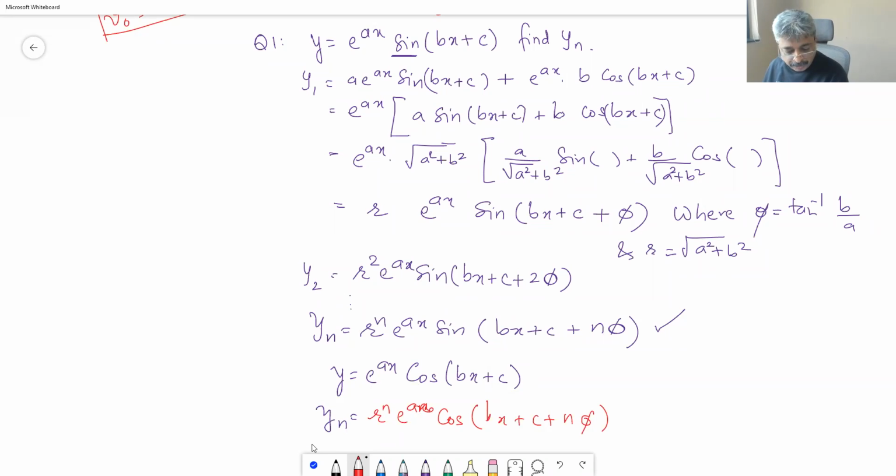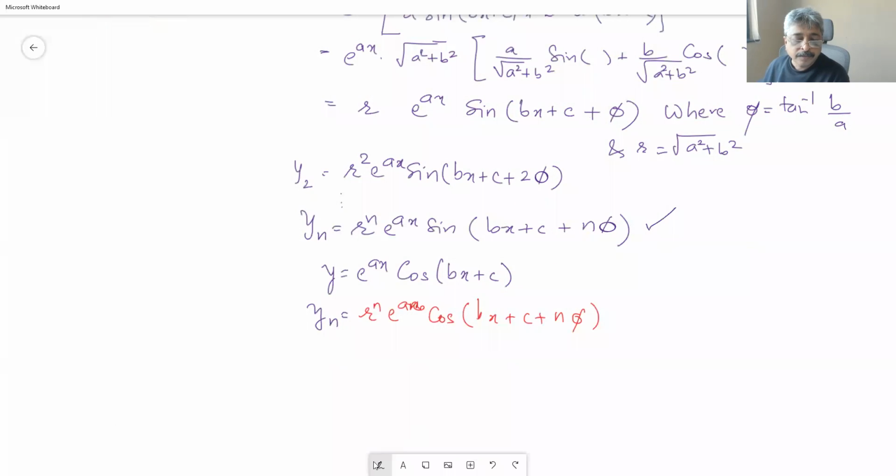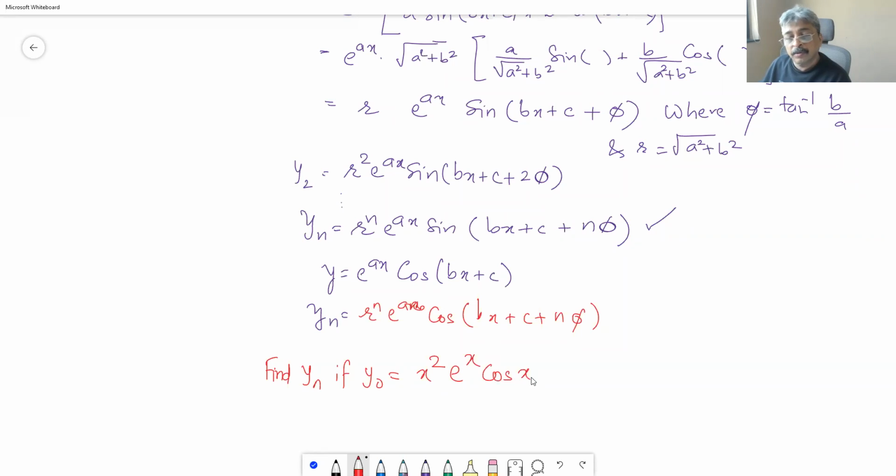Now, having done this much, let us try to find out nth derivative. Here you are expected to use limits.